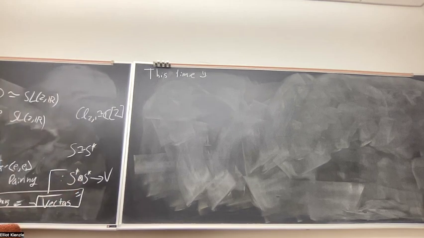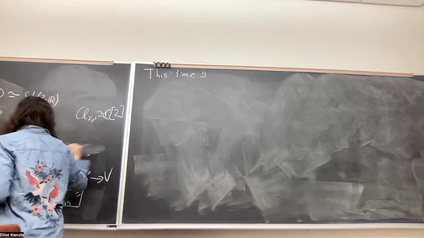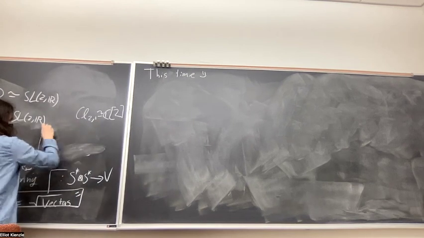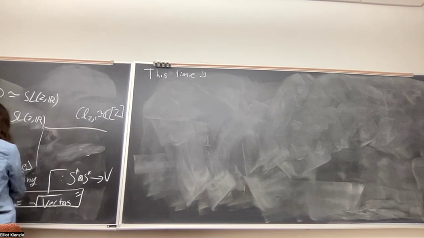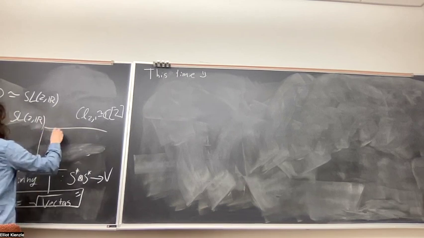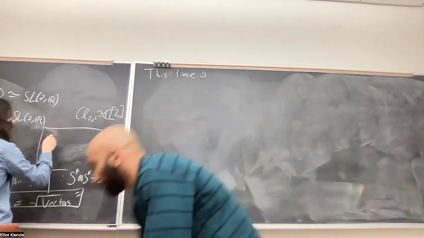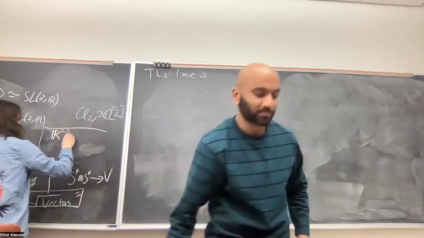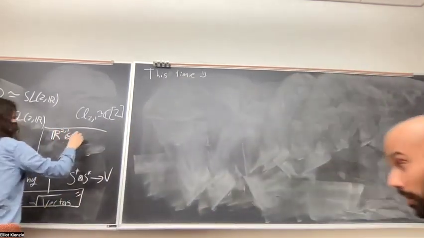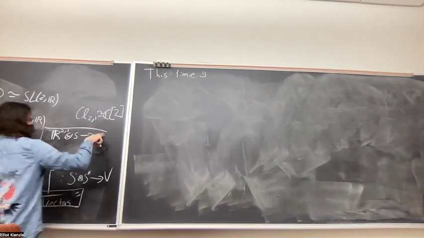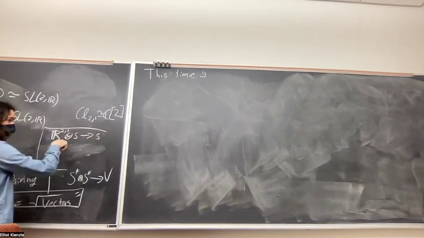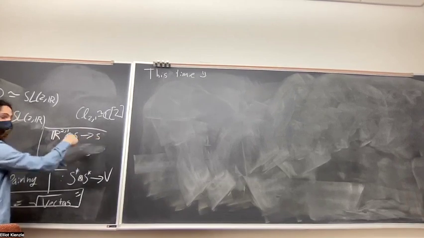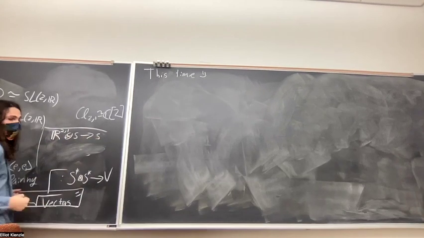The pairing says that we have this action, which we can think of as an element that eats a vector and a spinor and spits out a spinor. So it takes in R^{2,1} and a spinor, and sends that to a spinor. The idea is we move one spinor to the other side, move R^{2,1} to the other side, and take duals until you get something that looks like this.